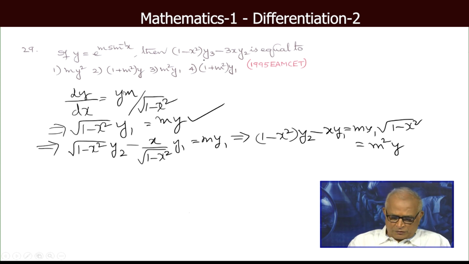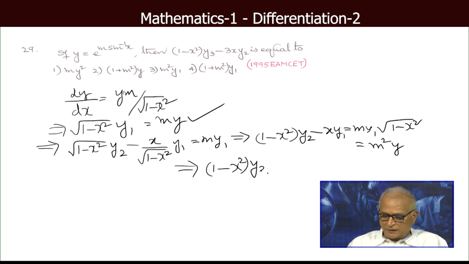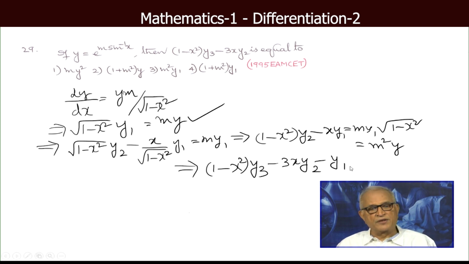You want the third derivative. So, differentiate once more. 1 minus x square into y3 minus 2xy2 minus xy2, that is minus 3xy2, minus y1, that is the derivative of the left hand side.